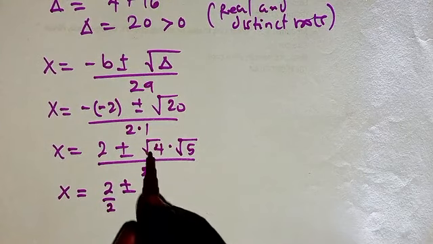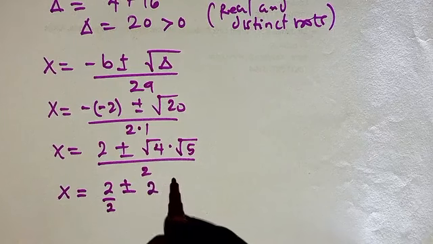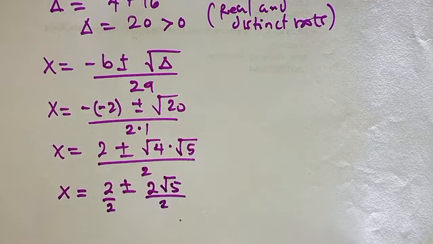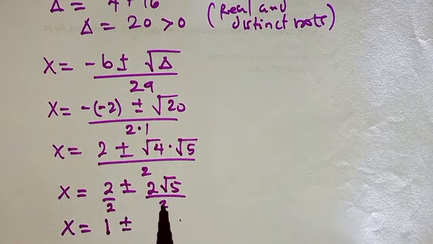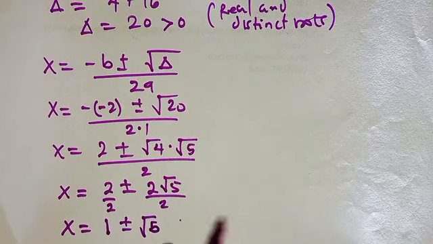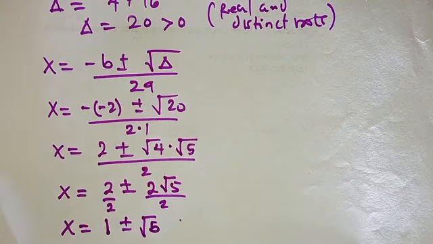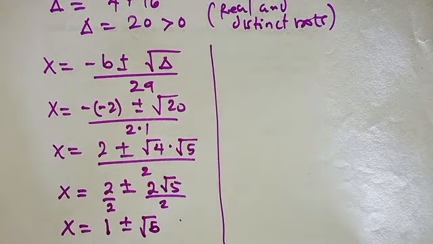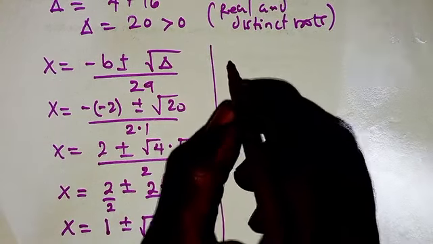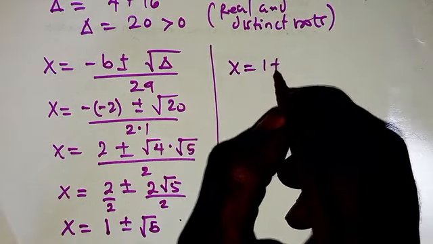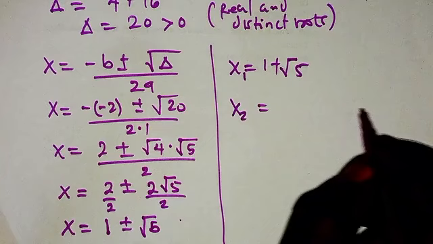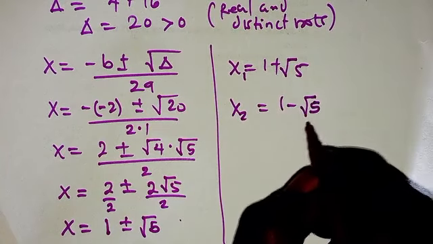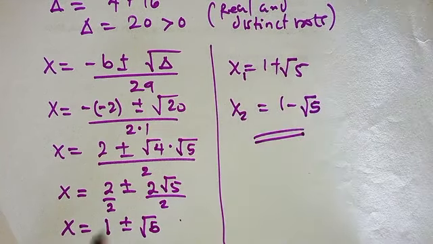So x equals 2 plus or minus, and root 4 is 2, so 2 root 5, divided by 2. From there, x equals 2 divided by 2, which is 1, plus or minus 2 divided by 2, times root 5. Therefore we have two solutions: x1 equals 1 plus root 5, and x2 equals 1 minus root 5, and that is the solution to the problem.